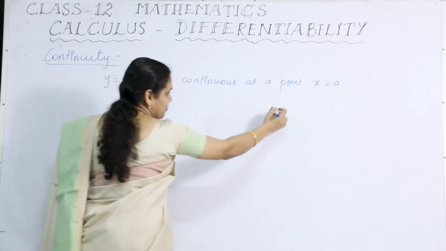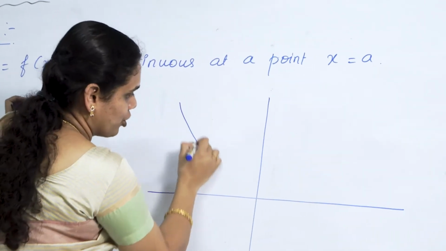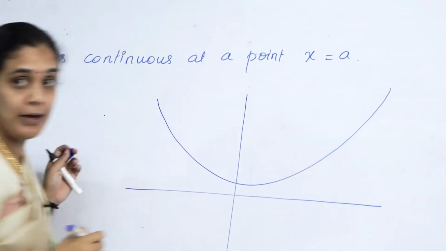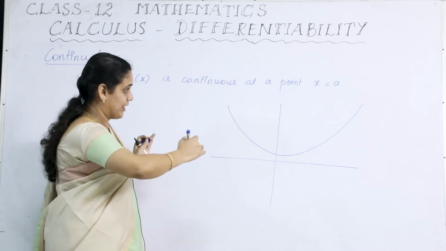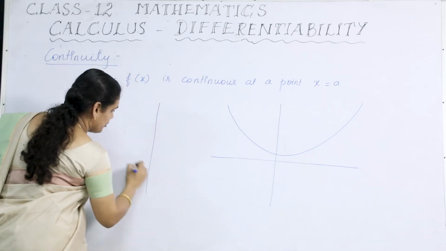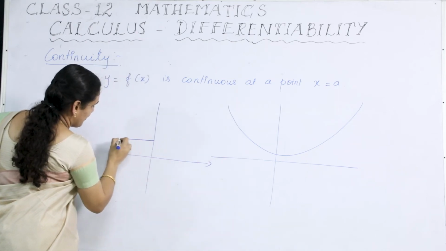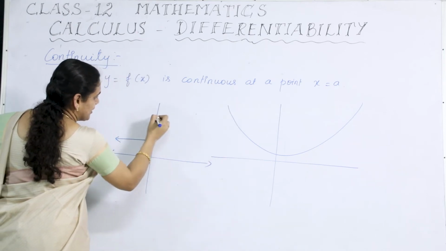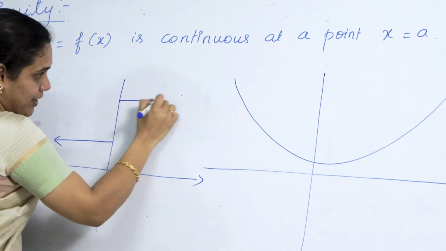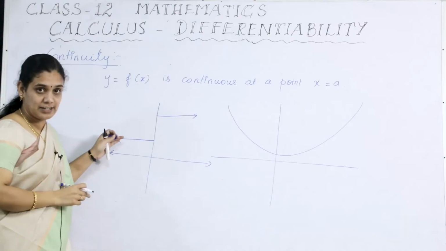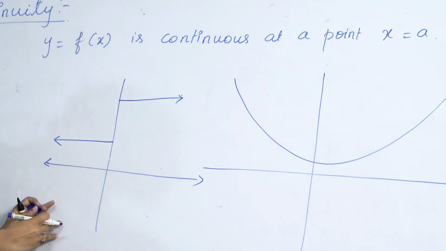For example, I can draw this graph without lifting the pen, so I did not take out my pen and draw again. But here, see, I have drawn like this, and then again I am taking my pen off the board and drawing back. This also represents a curve, but here, this is continuous and this is not continuous.